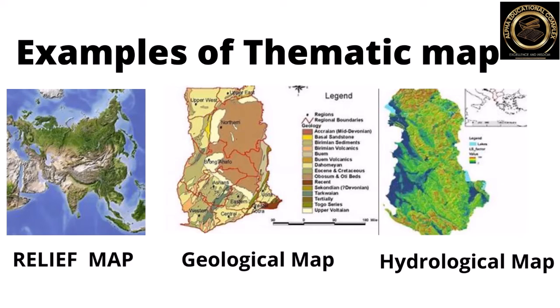We can have a geological map, it's a thematic map. We can have a hydrological map, it's a thematic map, because the focus is on a single topic. Thematic maps may require specific knowledge to understand. When you are dealing with thematic maps, you need extra knowledge to understand them.